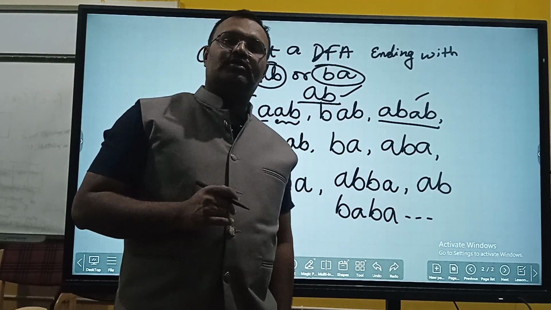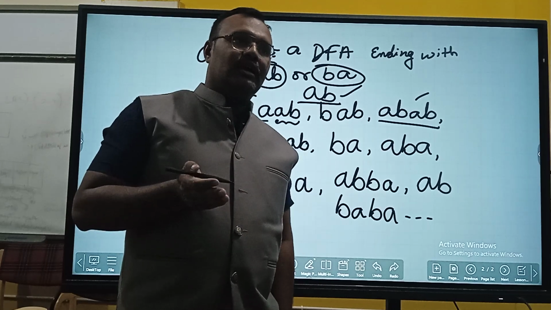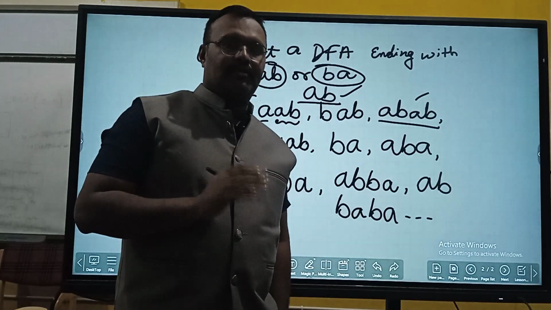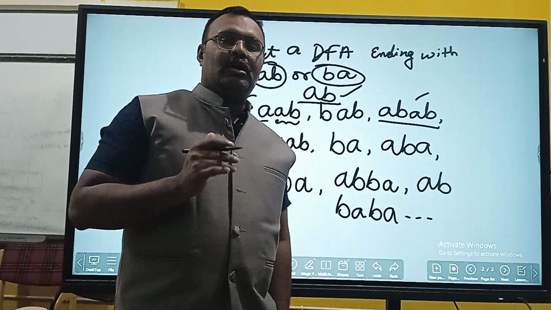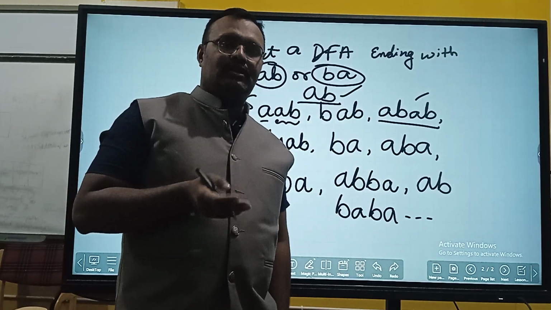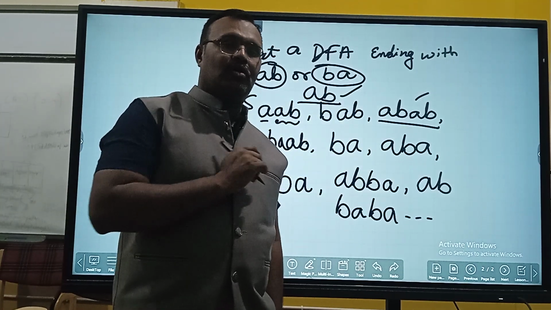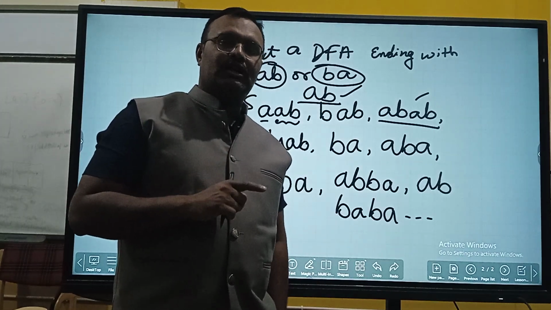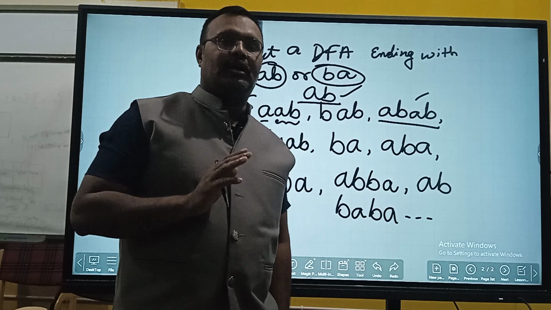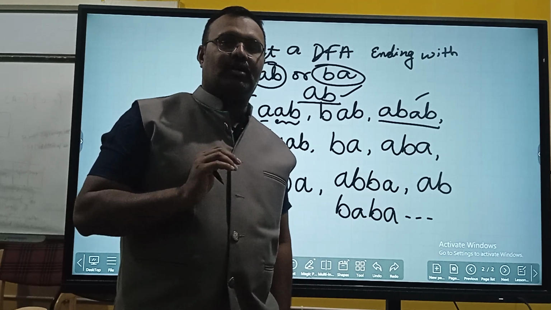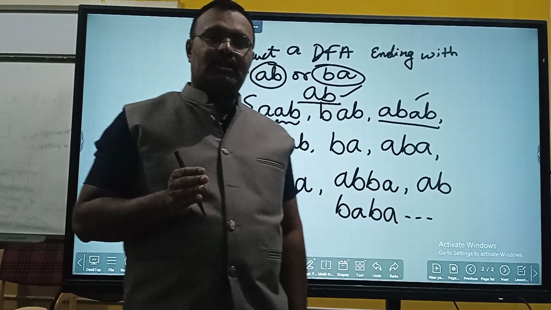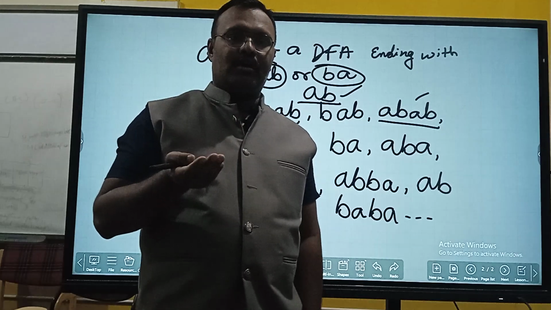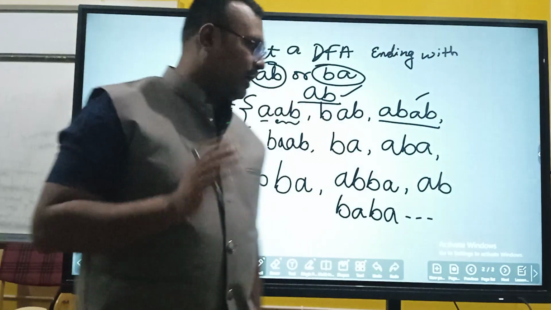In last class, what we have seen is the string which is ending with either AB, correct? Or the string which is ending with either BA. But this problem is the combination of both. I have to construct a single finite automata, that is deterministic finite automata, which is ending with either AB or BA. So these are the two options that we have.